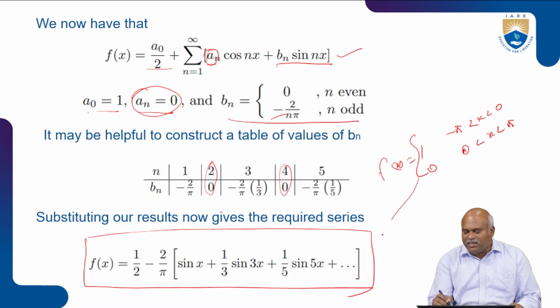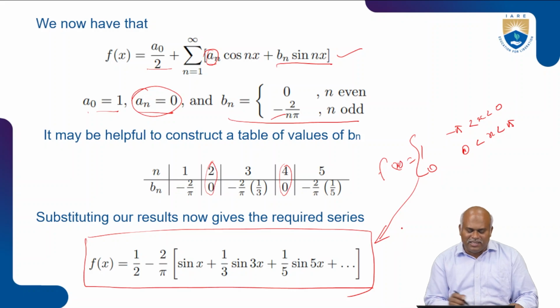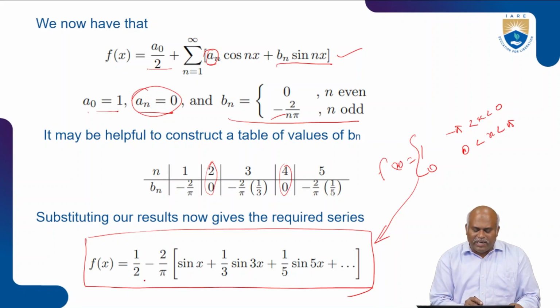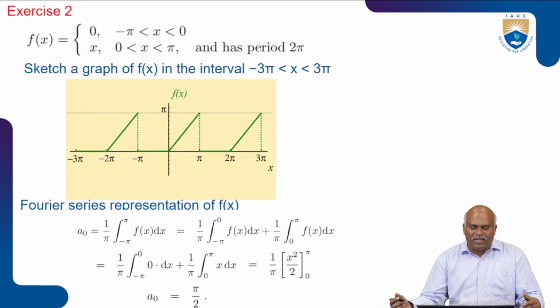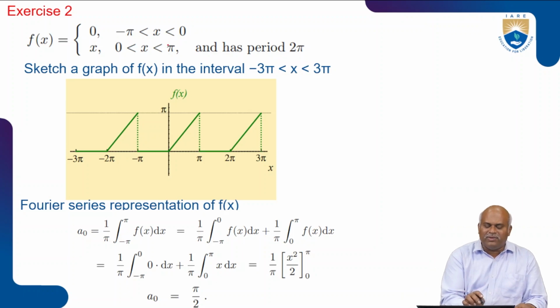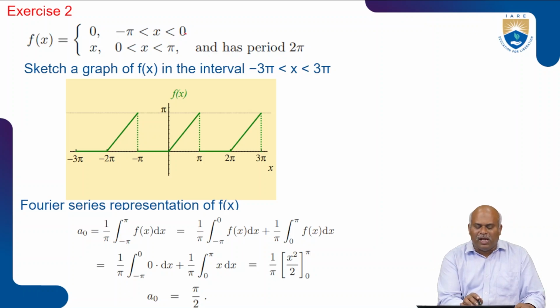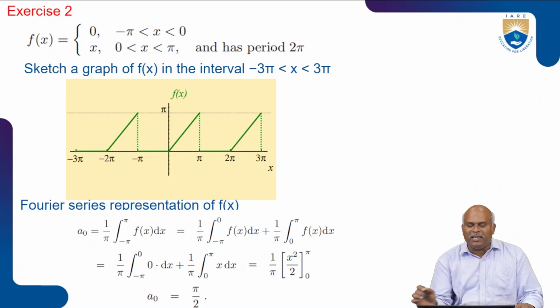So this trigonometric Fourier series is represented as 1 by 2 minus 2 by pi times sin x plus 1 by 3 sin 3x plus 1 by 5 sin 5x, and so on up to infinity. Next case, I take f(x) equal to 0 for minus pi to 0, and x for 0 less than x less than pi, and the period is 2 pi.